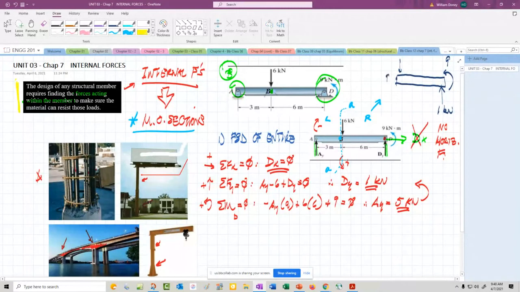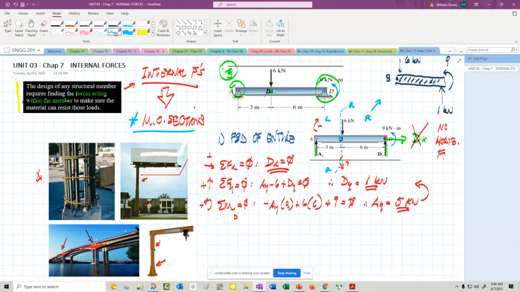The 6 is there, and then B sits right there. That is our left section of the beam. Now again, since the whole thing was in static equilibrium, when we cut it up, the individual pieces are still in static equilibrium.